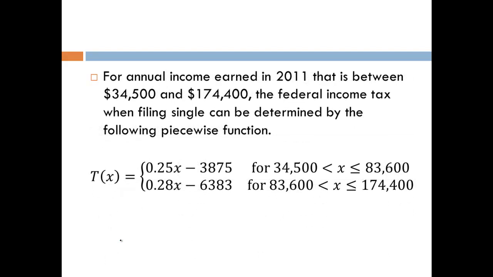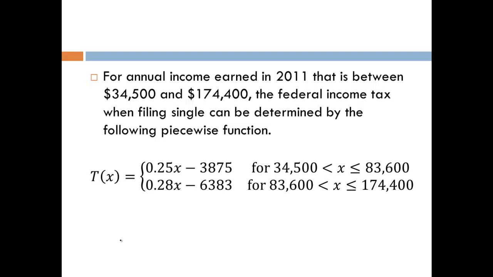So for an annual income earned in 2011 that is somewhere between $34,500 and $174,400, the federal income tax when filing single can be determined by this piecewise function. So capital T of x, that's the tax that you owed, and x is your income.